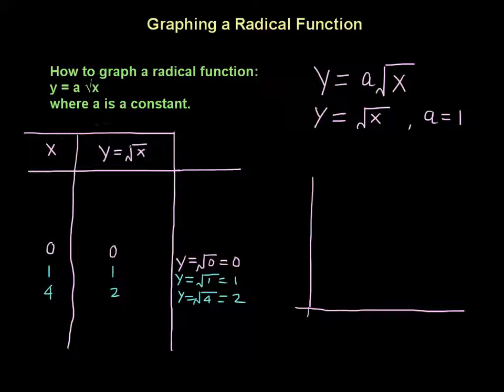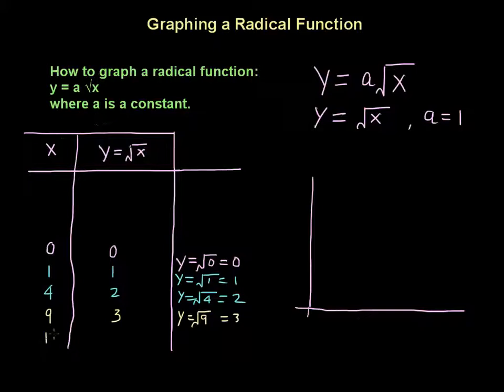Just to make our life easy, we can choose the next value as 16. Actually, not 16. Let's choose 9, which is also the next number whose square root is a whole number, which is 3. So this will be 3 here.